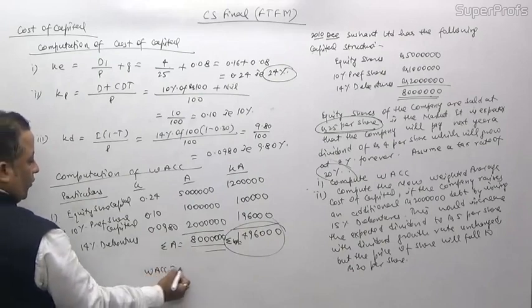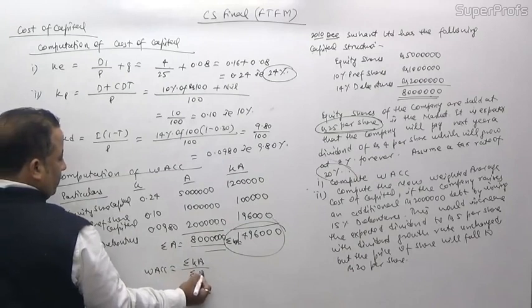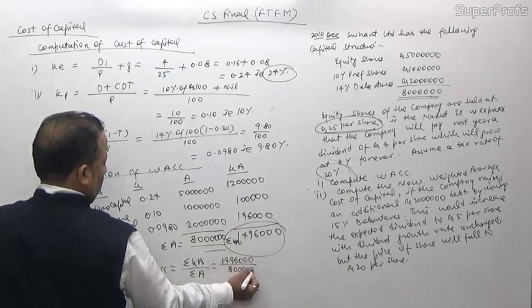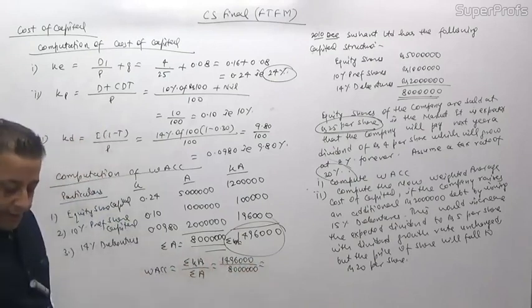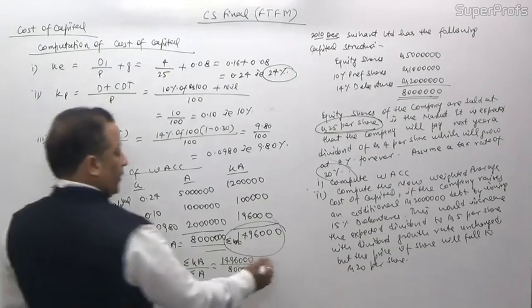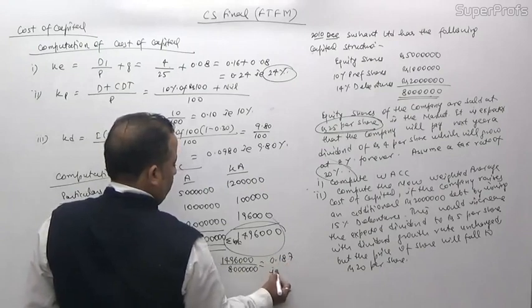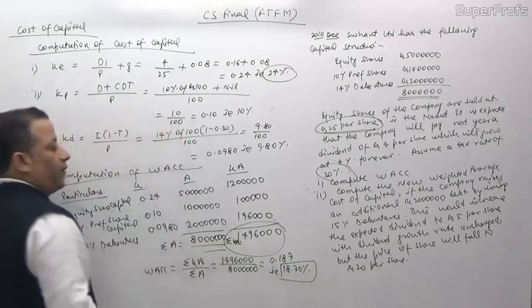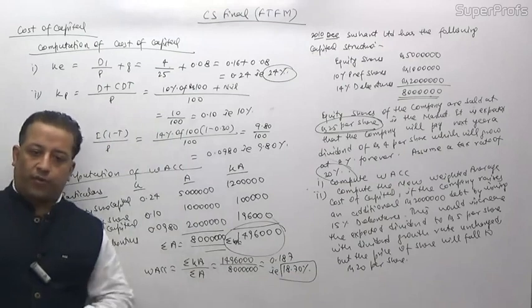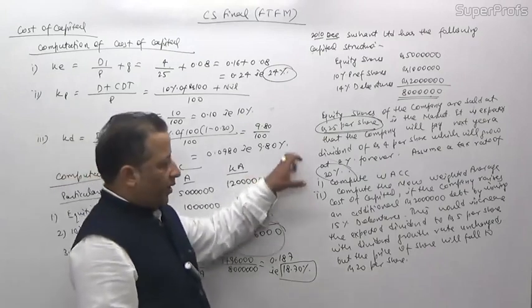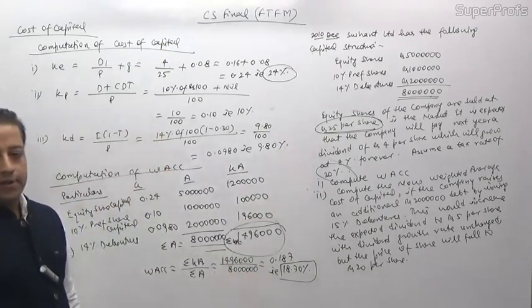The weighted average cost of capital is 14,96,000 divided by 80 lakh, that is 0.1870, 18.70%.